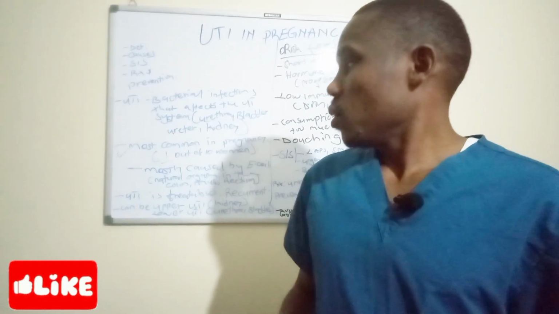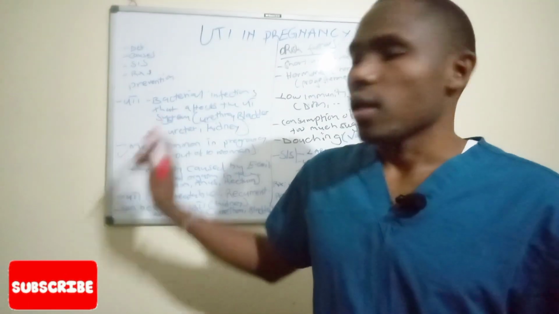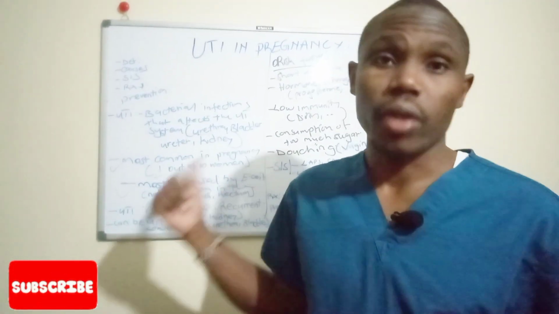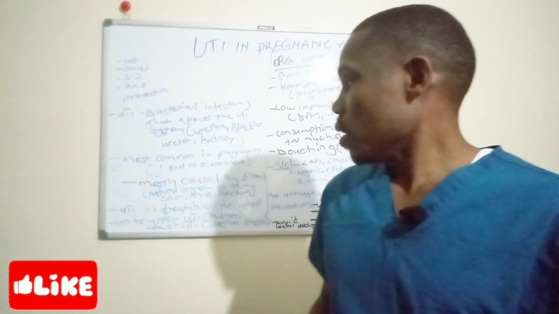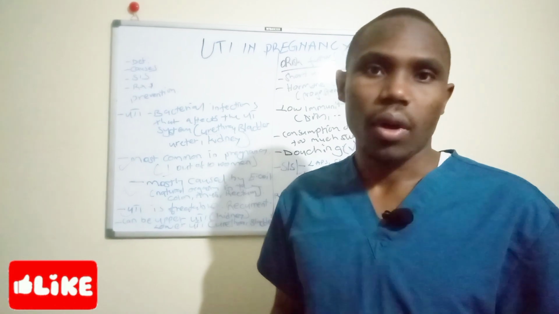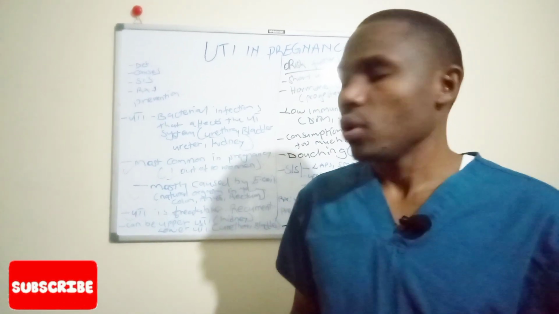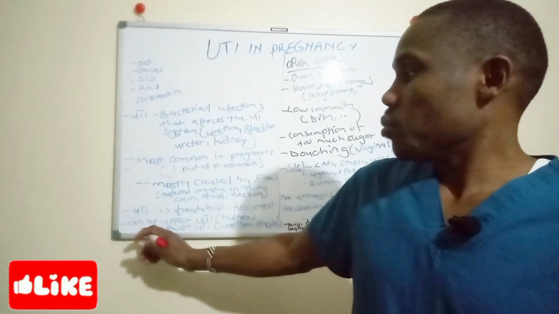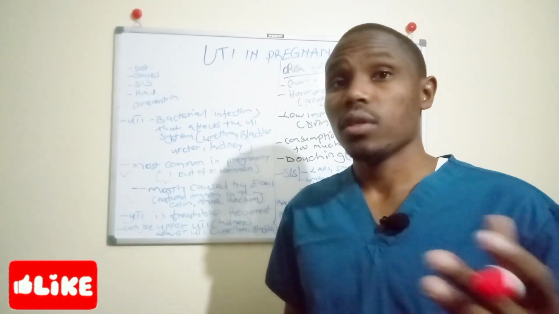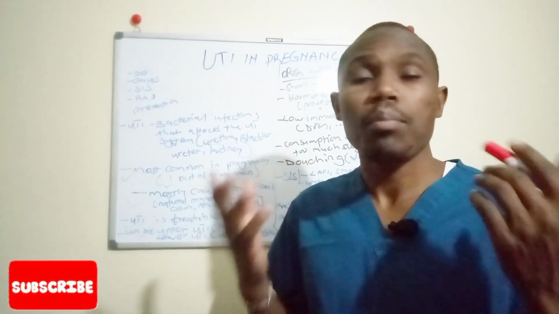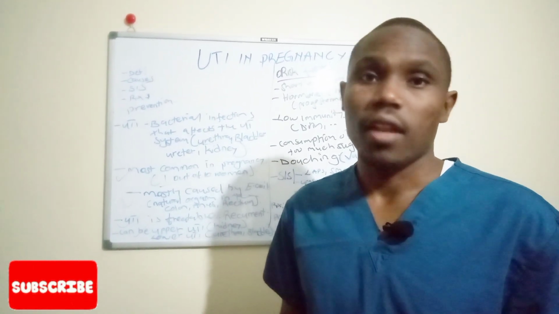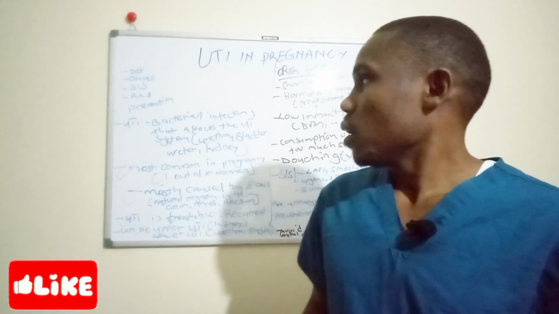So therefore, most of the time, this E. coli is the one that causes this urinary tract infection. The other thing is that urinary tract infections are preventable and also treatable. It can be a lower urinary tract infection that consists of the urethra, or an upper urinary tract infection that now affects the kidneys and even the ureter.